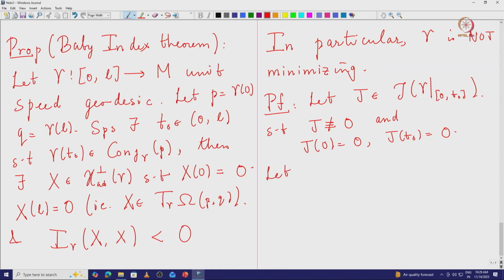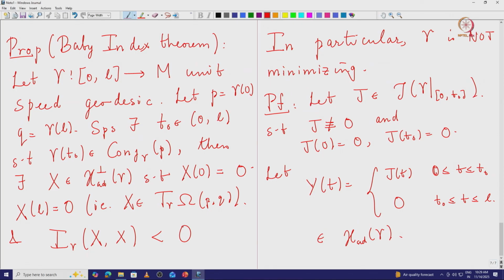Okay, then consider the following piecewise smooth vector field. So Y of t is basically J of t until you hit t naught, and then it is 0. Okay, so clearly Y is an admissible vector field. Okay, it is continuous and it is piecewise smooth.